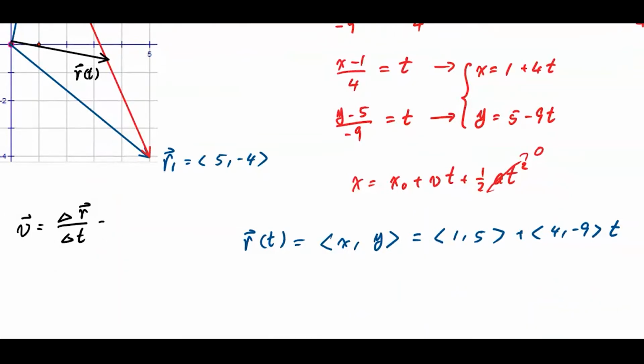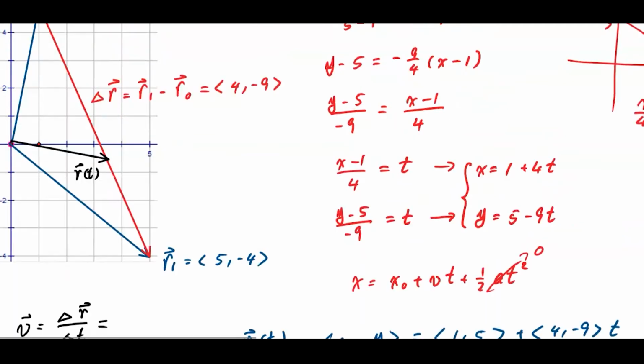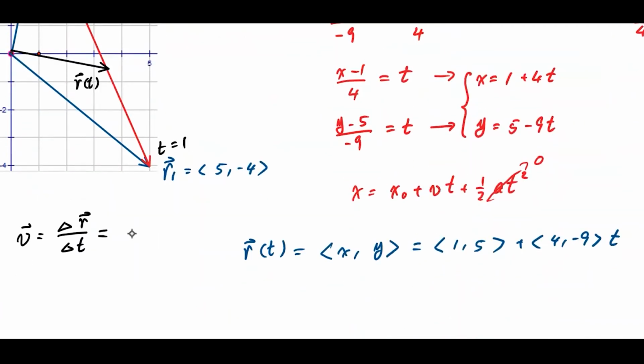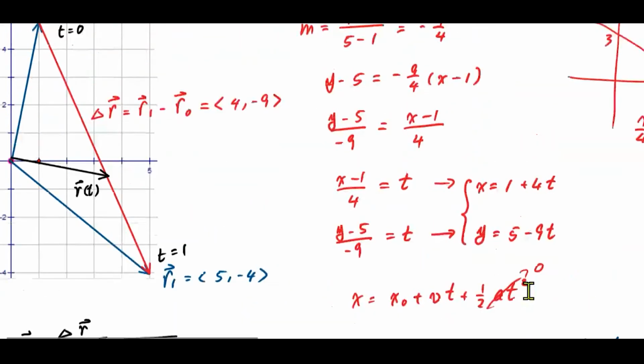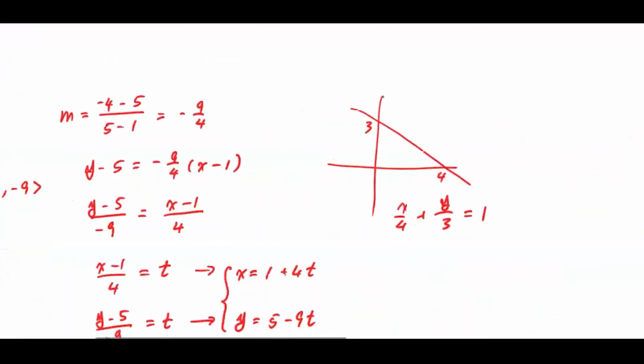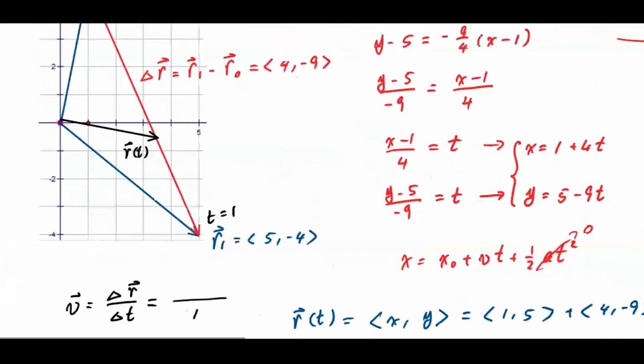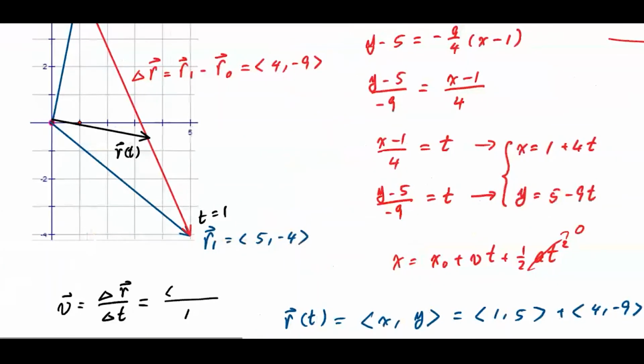Okay, delta t is 1 because we are saying this is from when t is equal to 0. Let me write it. T is equal to 0 here, and this is when t is equal to 1, isn't it? So our denominator is 1. What's my numerator? Well, delta r. We calculated that delta r up. Where did we do it? Oh, here, right? So that is 4 and -9. How about that?